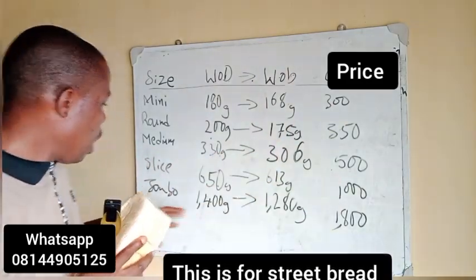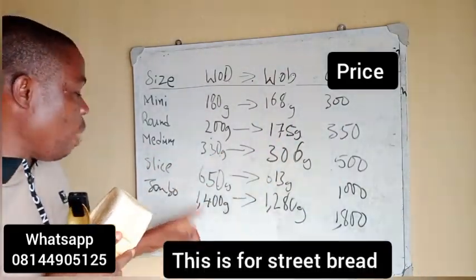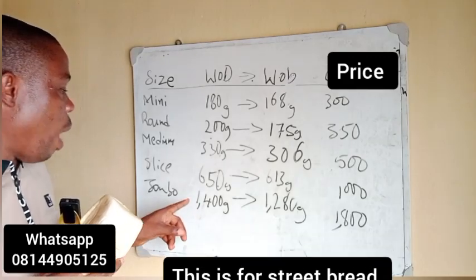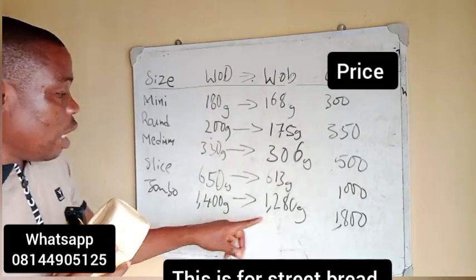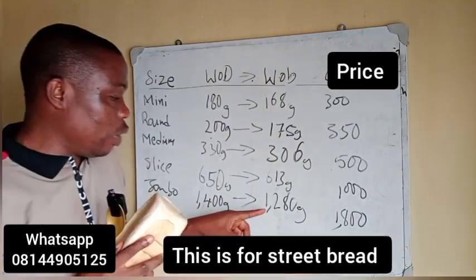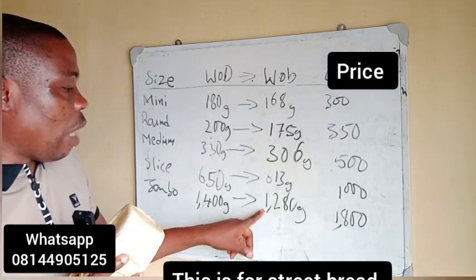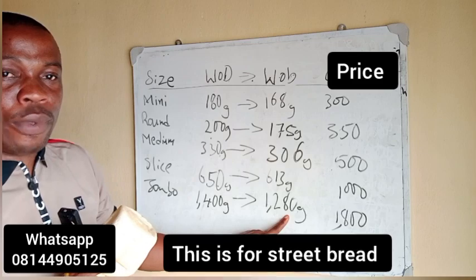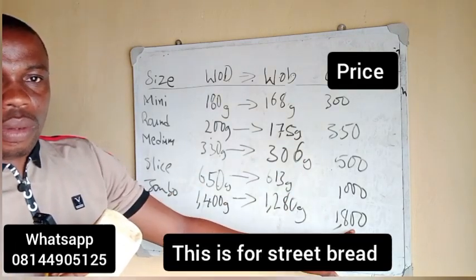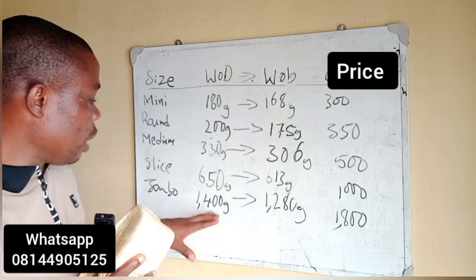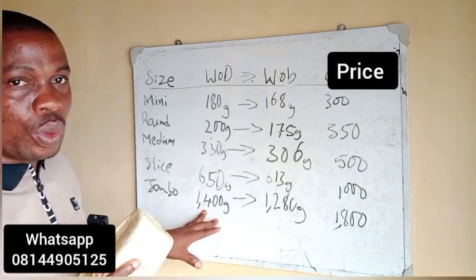So the jumbo, if you weigh 1,400 grams, that is 1 kg 400 grams, after baking, it will return to 1,280 grams. You have to sell it at 1,800. It shouldn't be less than that because this is not small dough.